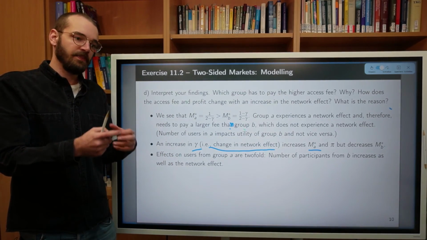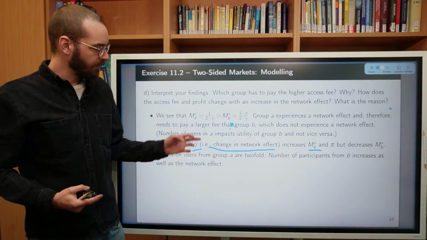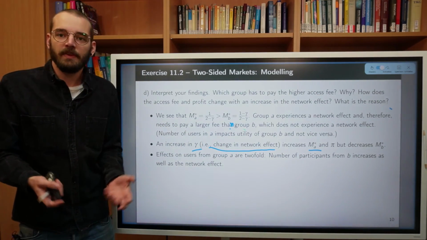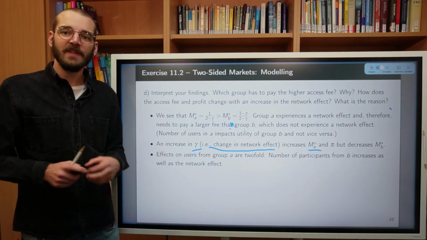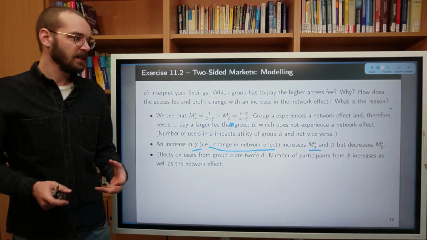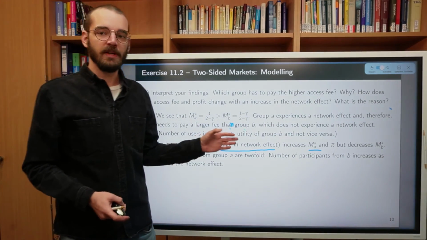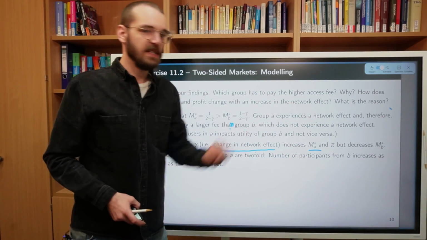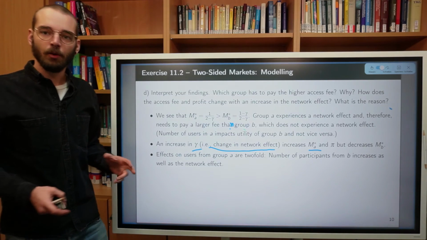So the presence of group B will increase the willingness to pay, so to speak, from group A even more, right? So the platform operator can ask for an even larger fee from group A by decreasing the membership fee of group B.